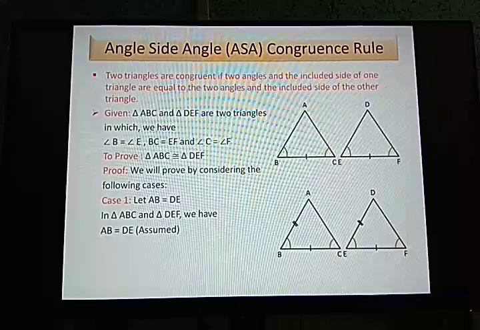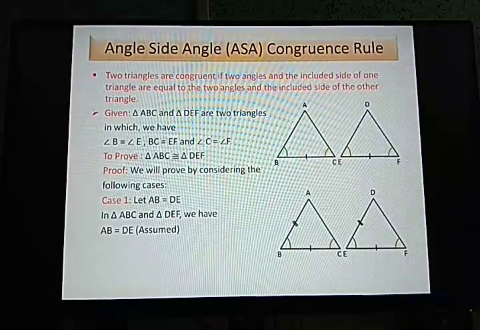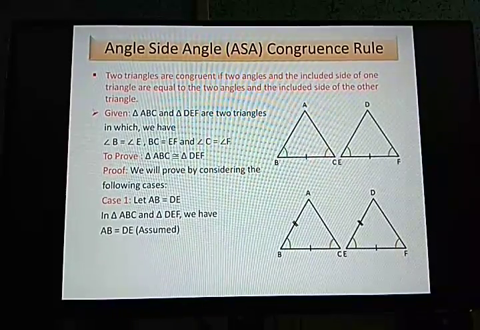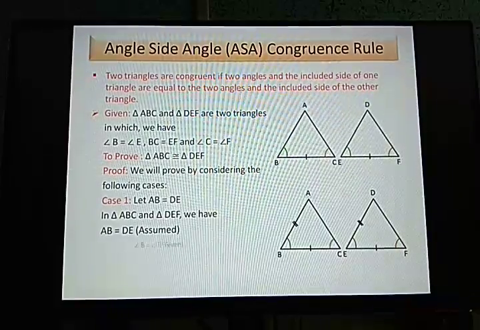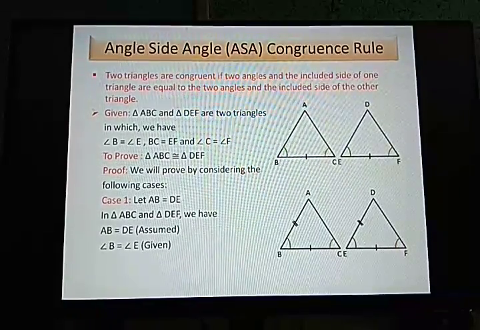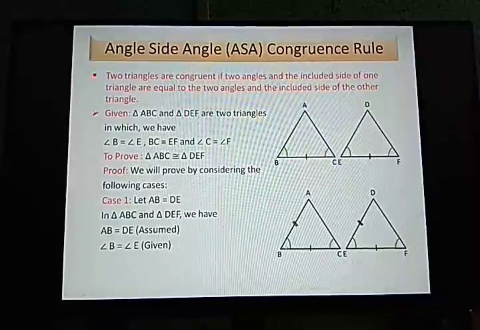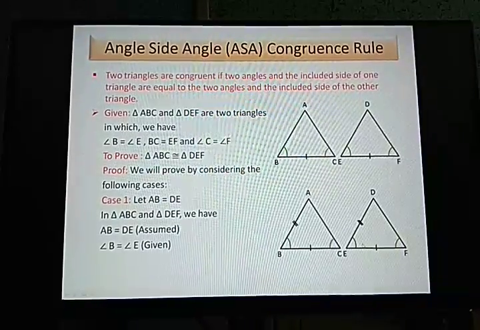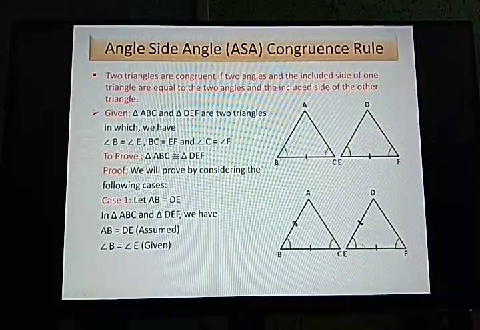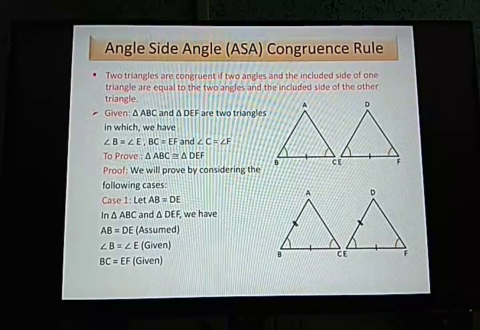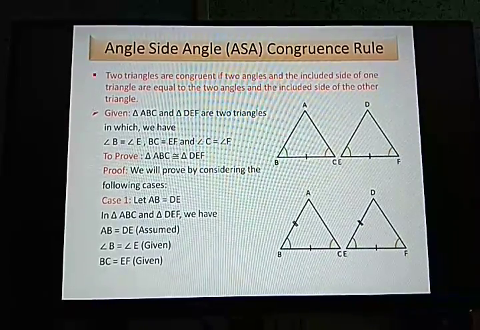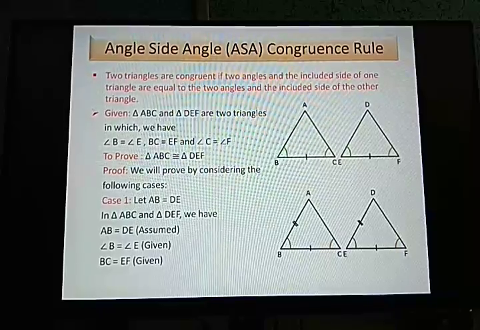We can consider AB equals DE. Already we have assumed that AB equals DE. Then we can say angle B is equal to angle E. If you see carefully in the diagram, angle B is equal to angle E. Already it is given to us. Then side BC is equal to side EF. This is also given to us.